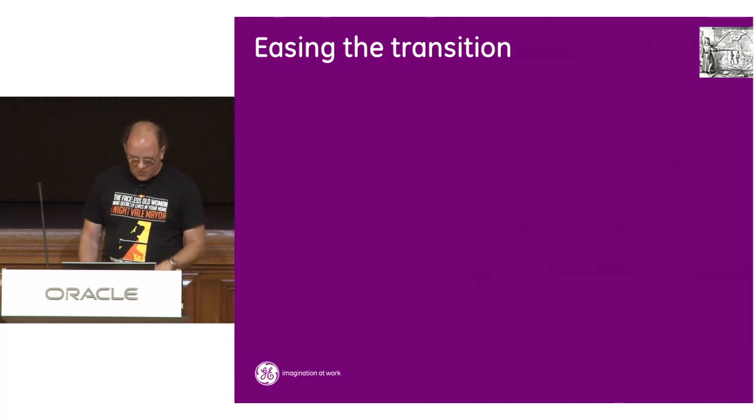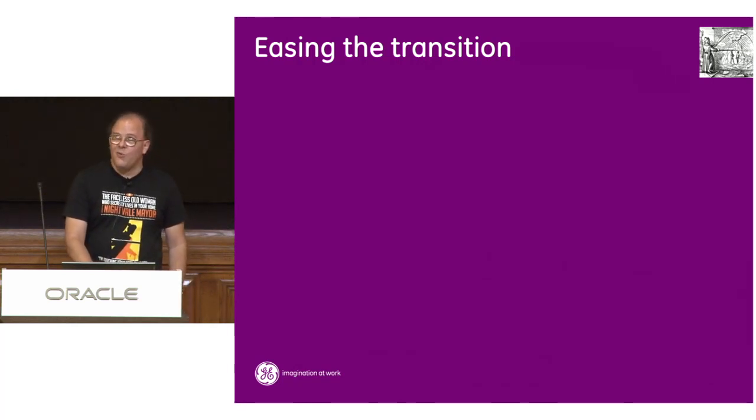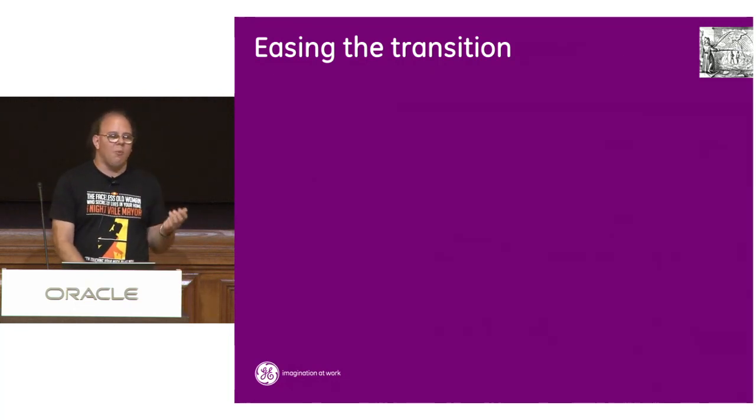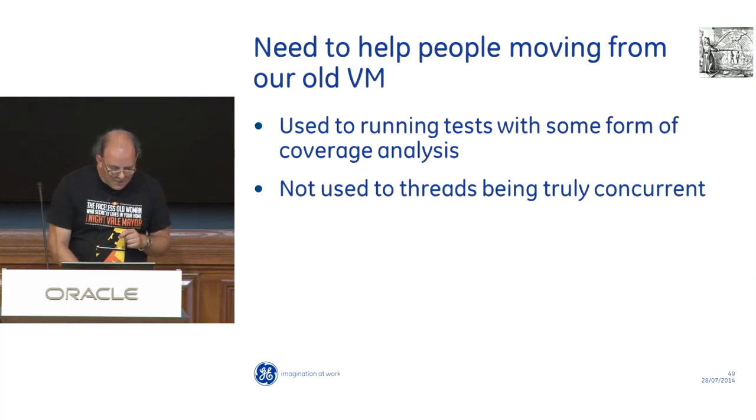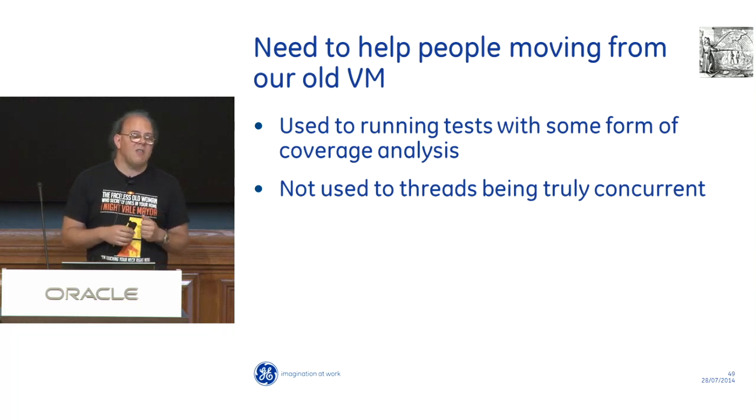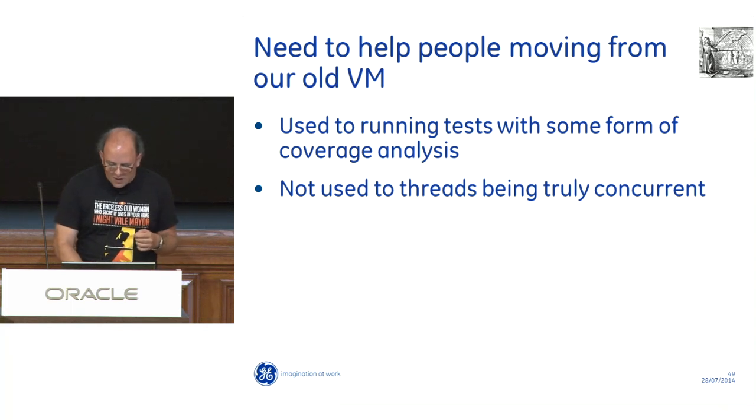The final part of this is dealing with the transition from the old VM to the new one and what developers have come to expect. There's quite a lot of areas to this, and we're tackling them as and when we can. But the first two that we've been looking at are things like code coverage, which people are used to having reported from builds to know whether tests have run and hit particular areas.